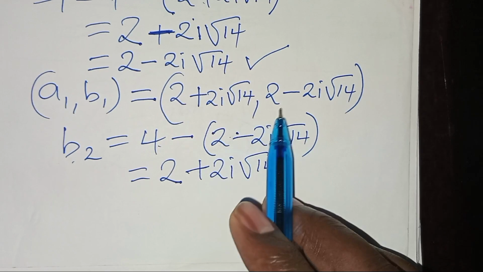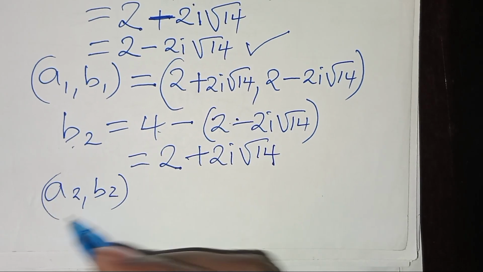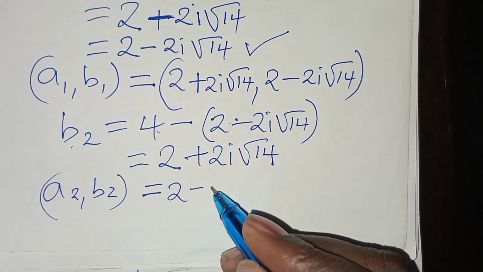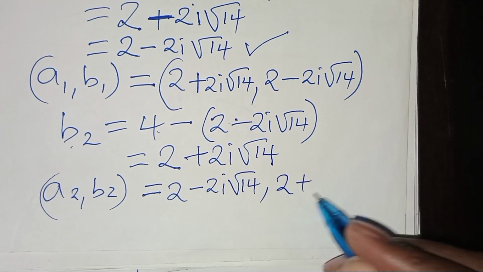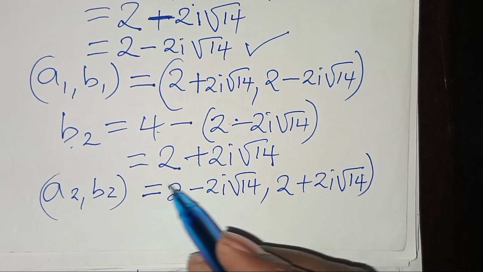Now this is B2. So that means A2, comma B2, is equal to 2 subtract 2i square root of 14, comma 2 plus 2i square root of 14. This is the second set of solution.